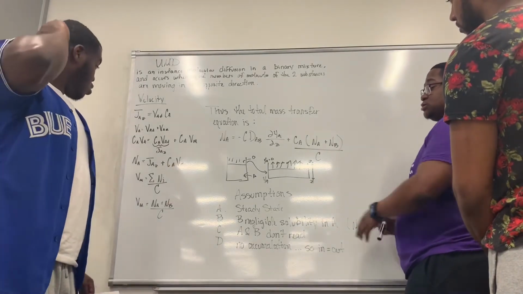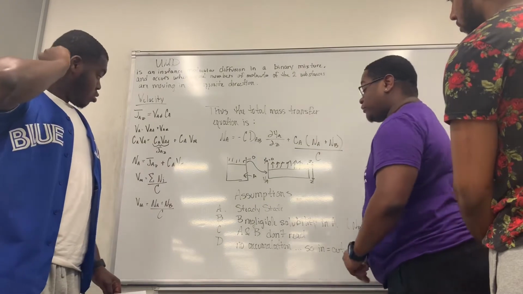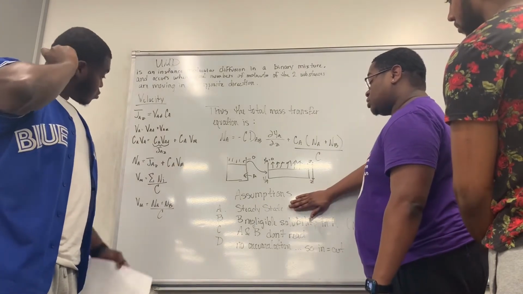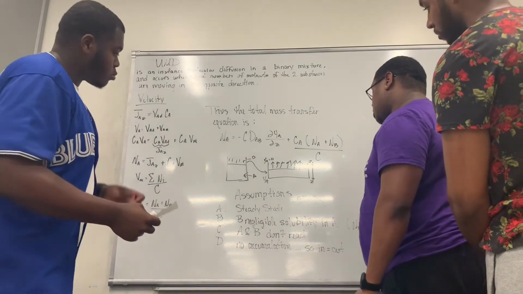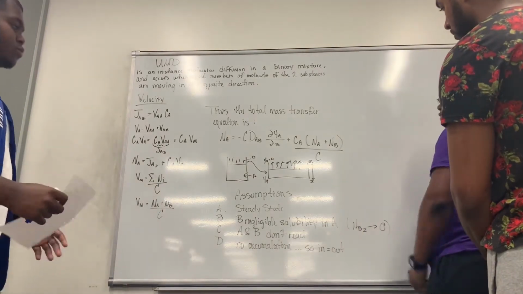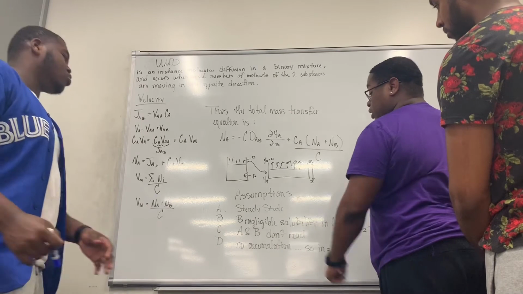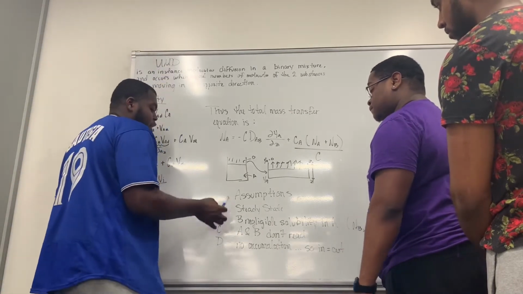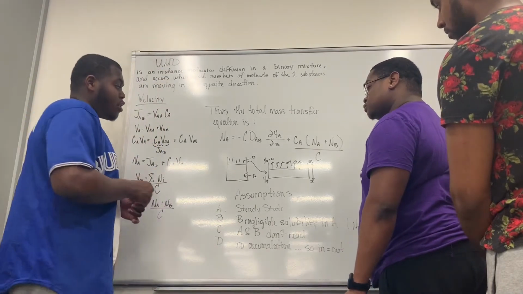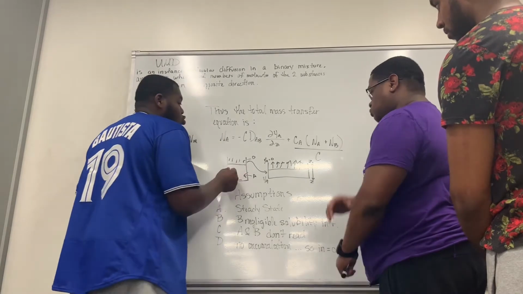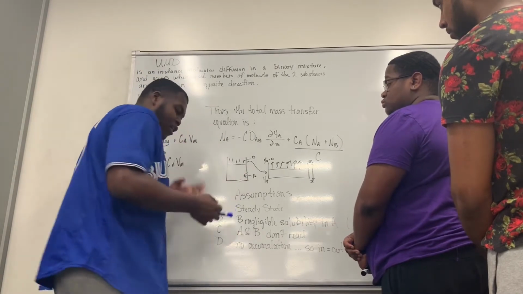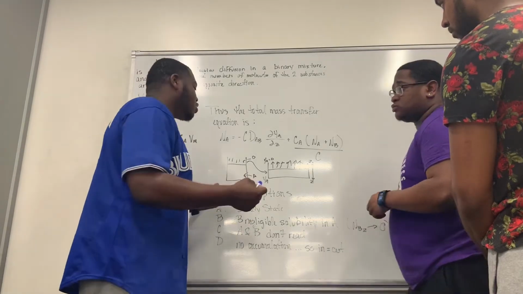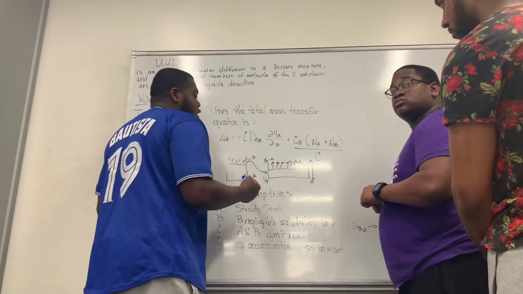For our assumptions, we have a steady state, B is negligible in the solubility of A, and the flux of B, NB, is 0. We say B is negligible in A because the solution is leaving, evaporating and mixing with the air.